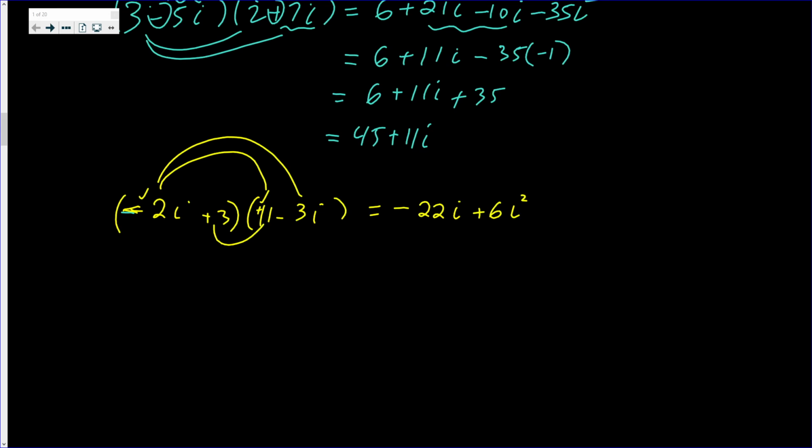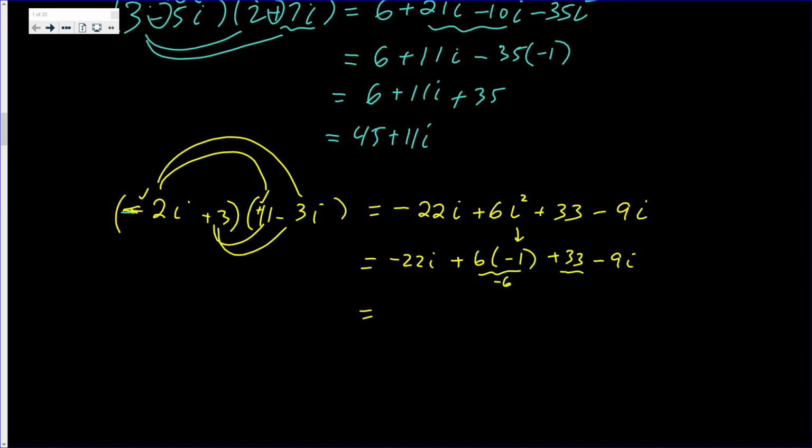A positive times a positive is a positive. 3 times 11 is 33. A positive times a negative is a negative. 3 times 3 times i. So you have negative 22i plus 6 times negative 1, because i squared is negative 1, plus 33 minus 9i. That's negative 6.